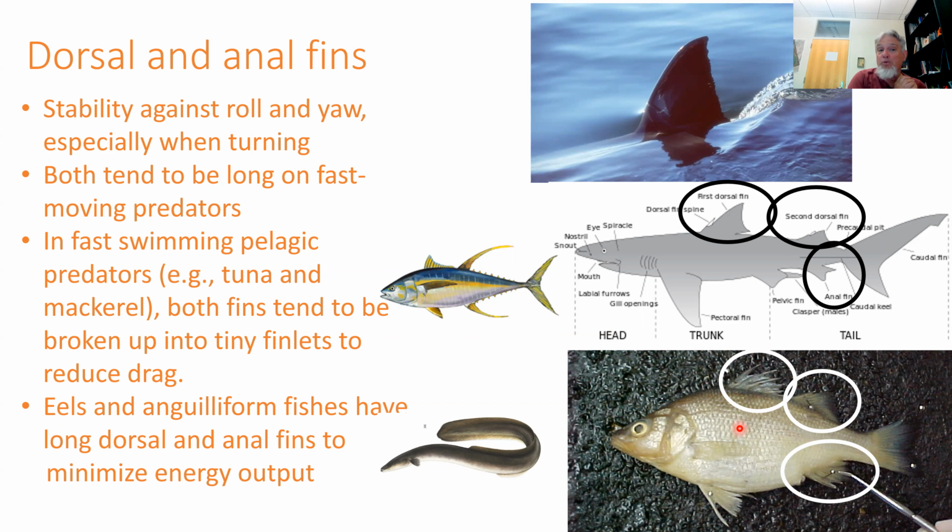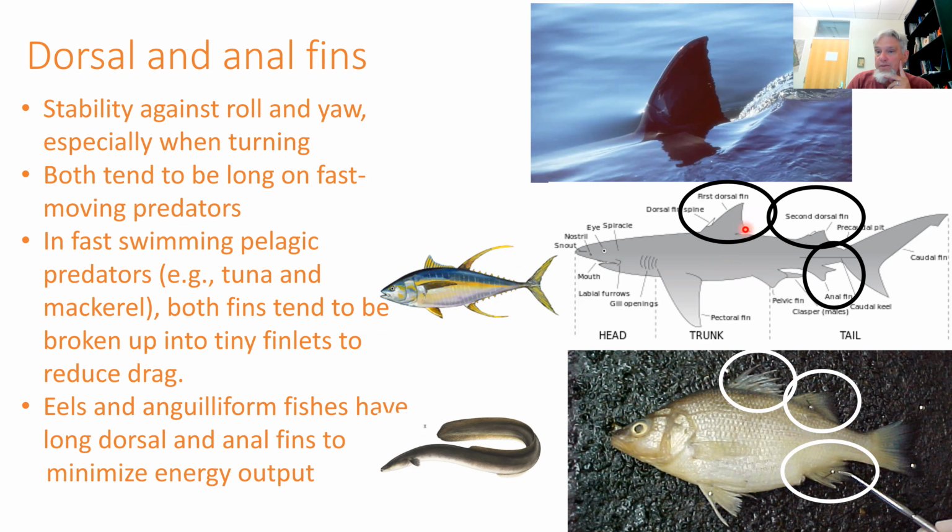Dorsal and anal fins tend to be really long and thin on fast-moving predators, again, like tuna. Oftentimes, the dorsal and anal fins are even broken up into little tiny finlets behind them, or scutes. And these tend to reduce drag by breaking up the turbulence.